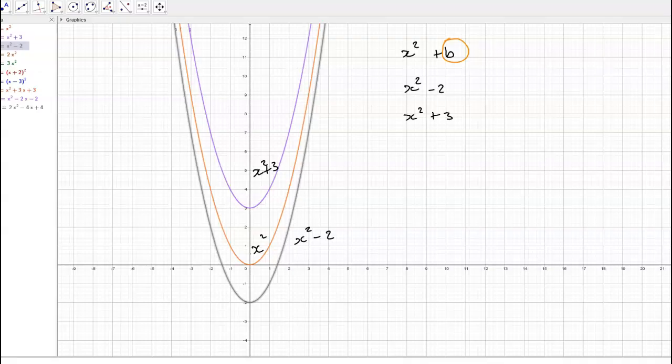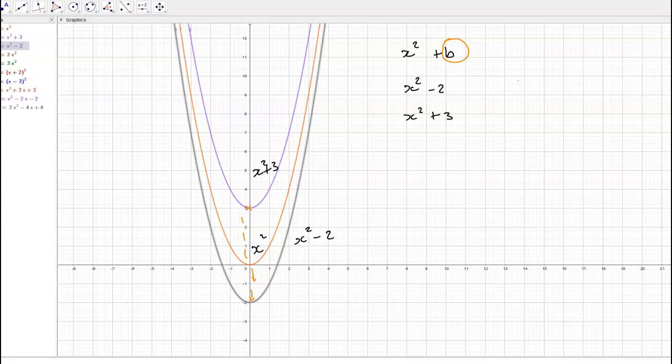When we have no constant, the curve cuts the y-axis at 0. And we can see when the constant is 3, the curve is 3 units up on the y-axis, and when the constant is -2, it cuts the y-axis at -2. So the constant determines where the curve crosses the y-axis.